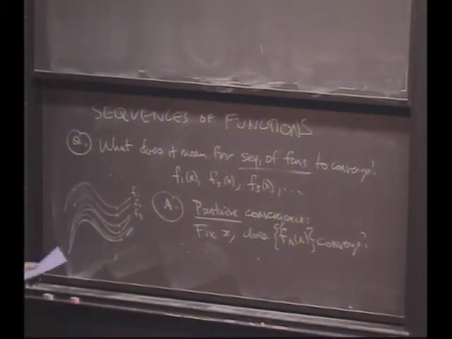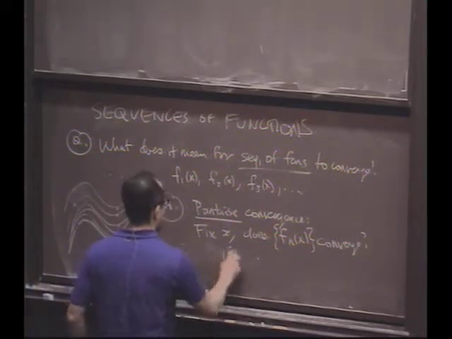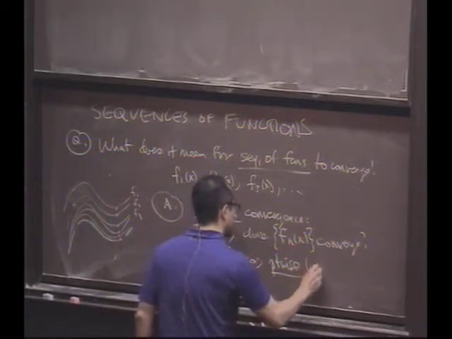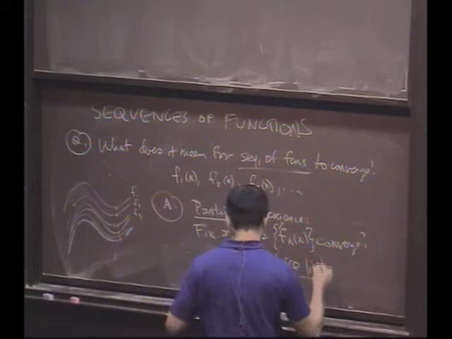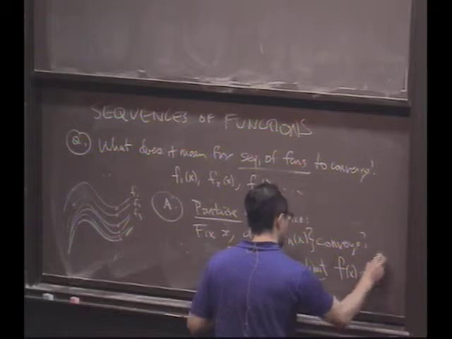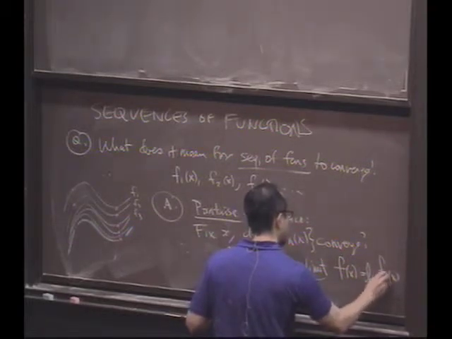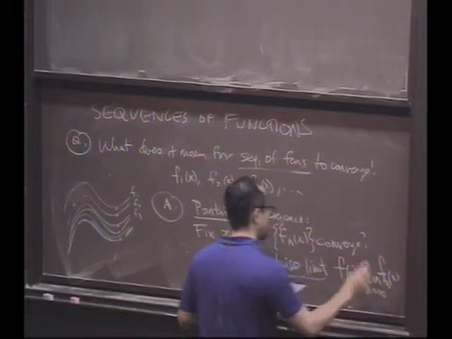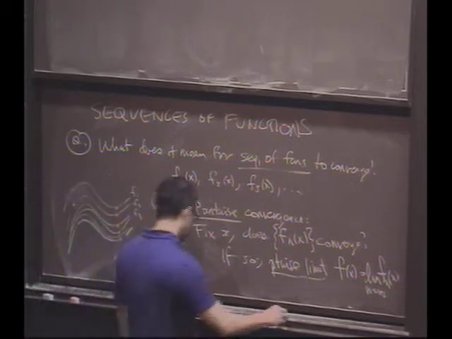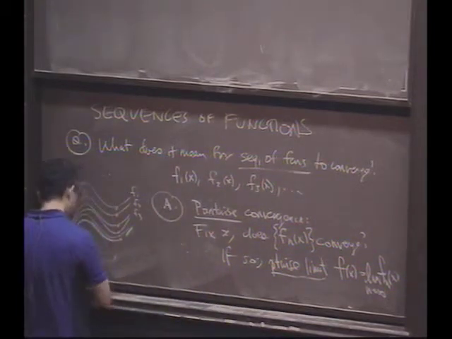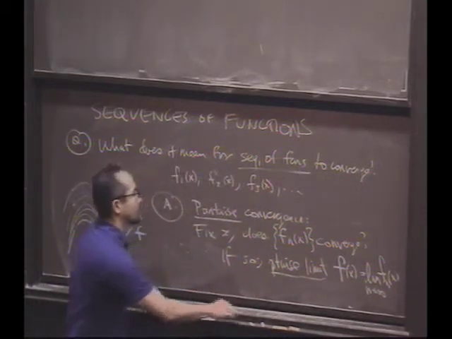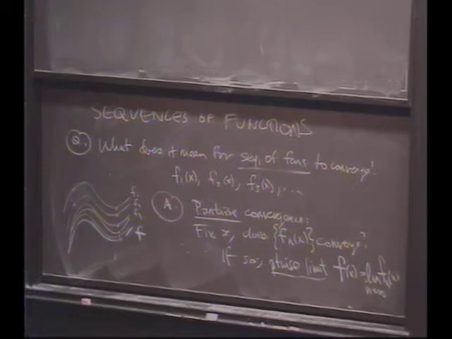If it does, we say it converges pointwise, and we say it has a pointwise limit, which is just what you think it is, namely f of x is the limit of fn at x as n goes to infinity. That is a sequence of numbers after all. I'm calling this limiting function f, if this limit exists for every x.